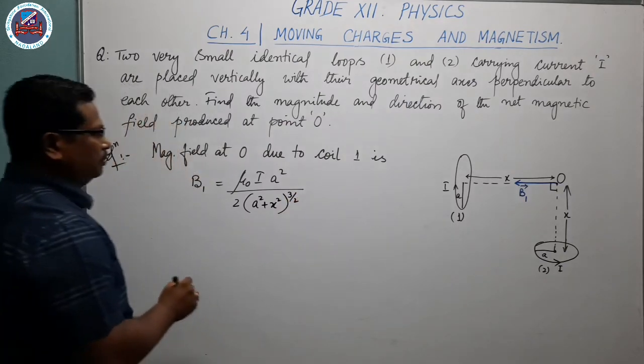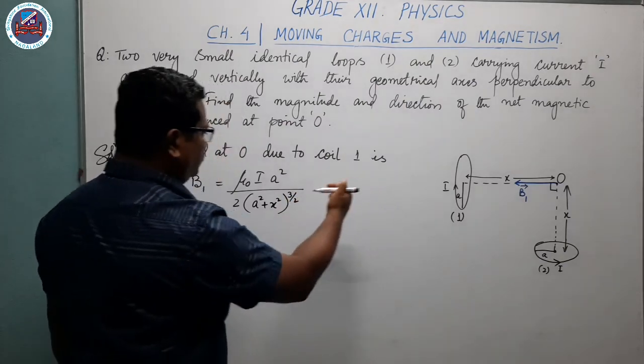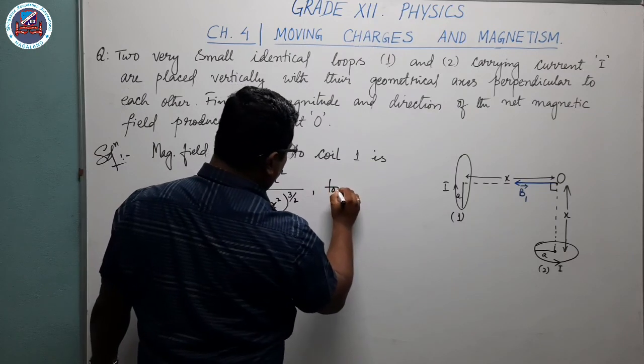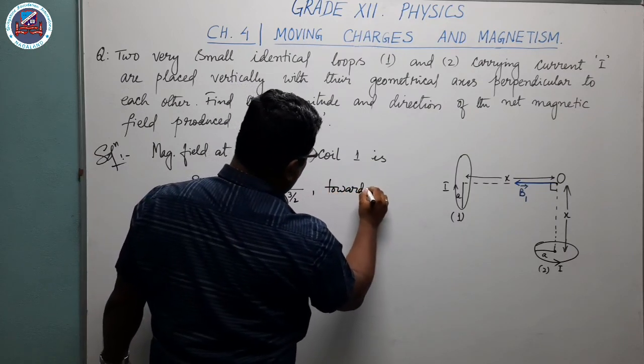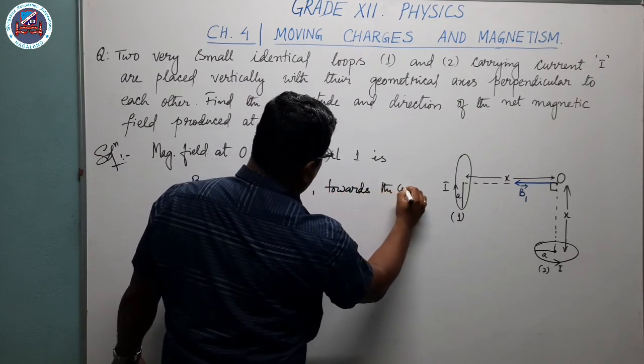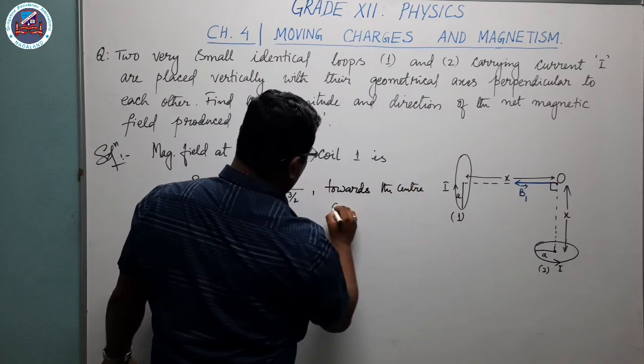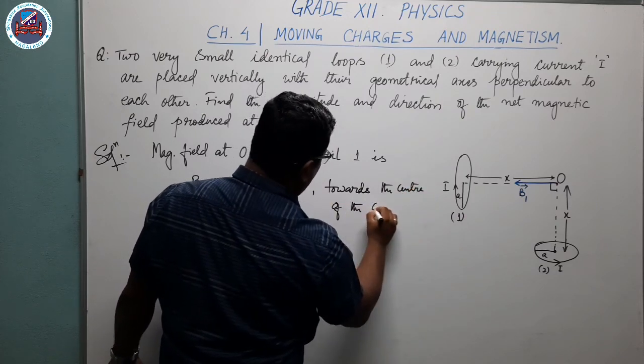This is your formula. Direction is towards the center of the coil.